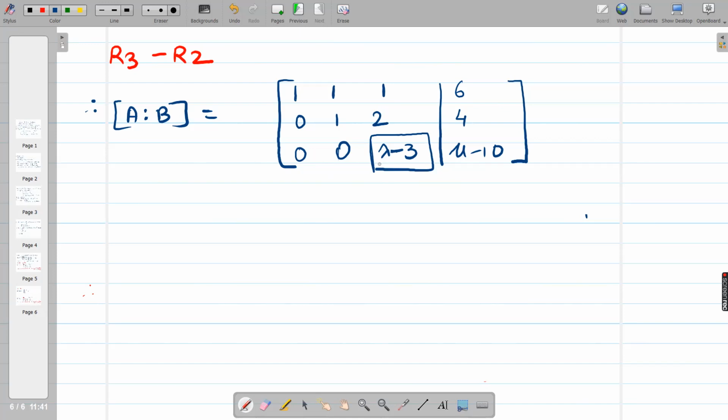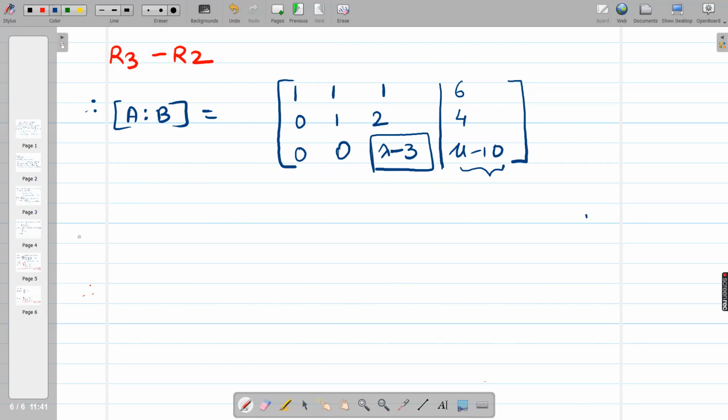This particular entry should not be equal to 0. Then my system would have a unique solution.